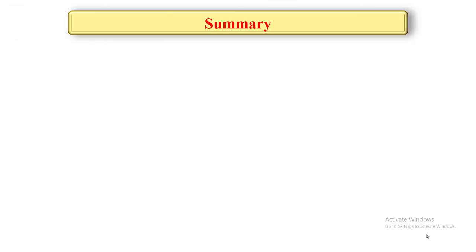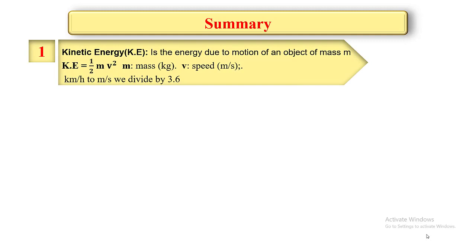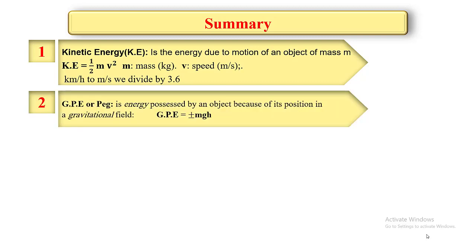At the end of this second part, we summarize the main objectives. The kinetic energy is the energy due to motion of an object of mass m and speed v. The expression of the kinetic energy is equal to half mv squared. The gravitational potential energy is the energy possessed by an object due to its position in a gravitational field.